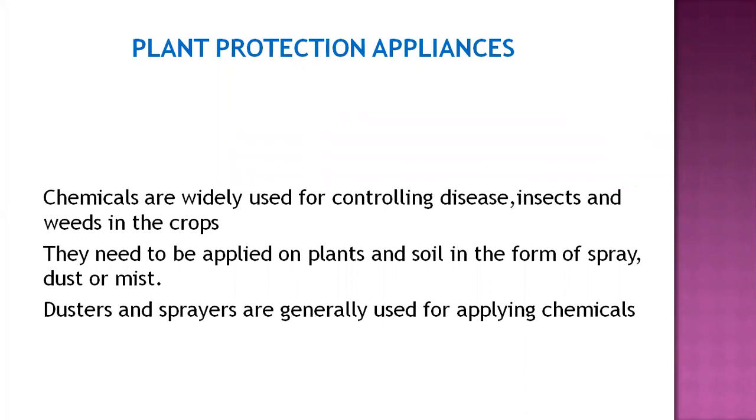The chemicals are sprayed or dusted through these appliances onto plants and soil in the form of spray, dust, or mist, for proper uniform distribution. Generally the two equipments used are called dusters and sprayers.